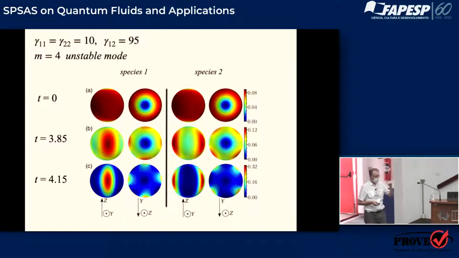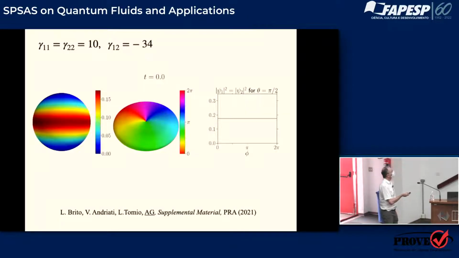And this biggest imaginary omega is the one that will turn out to break the system in parts. So m equal 4, the most unstable mode, will make the system break in 4 parts. And now I show another example of the system, which I can show you in the diagram.